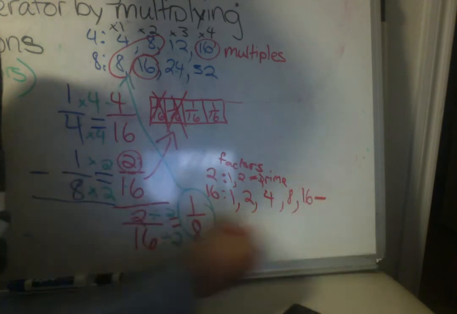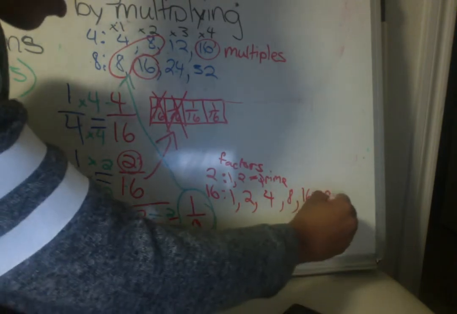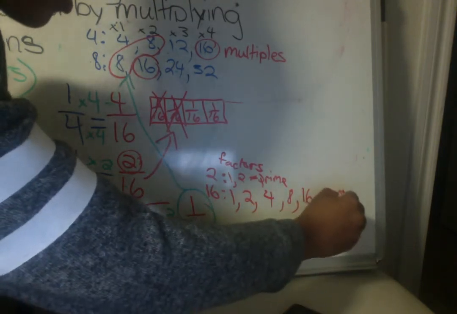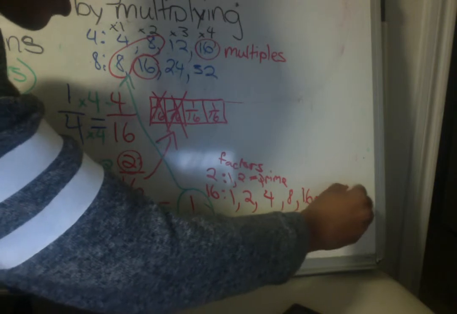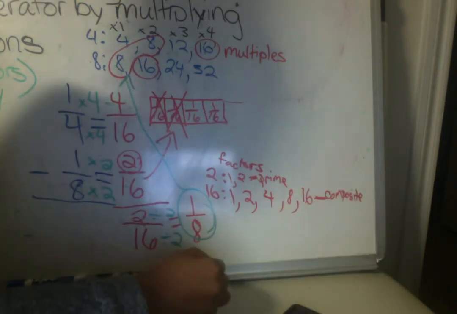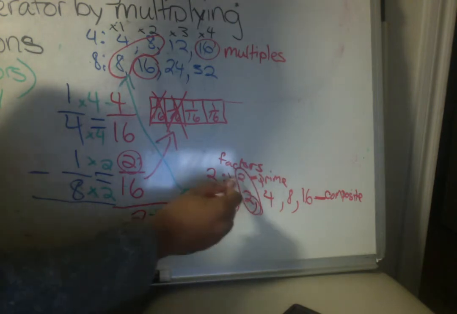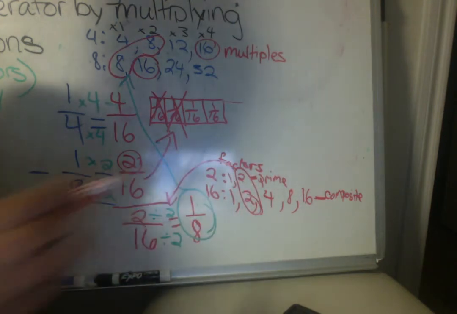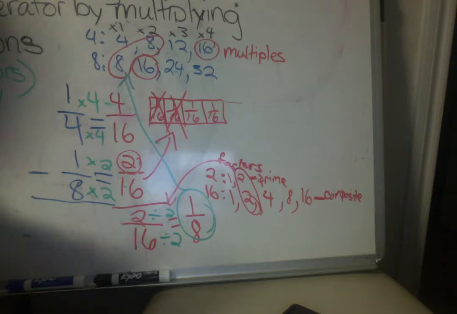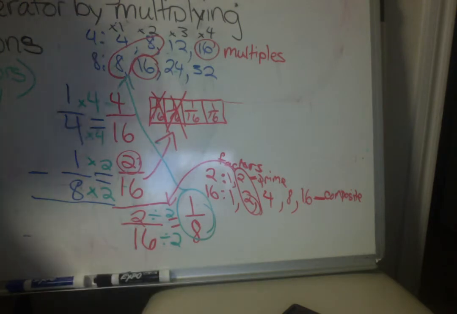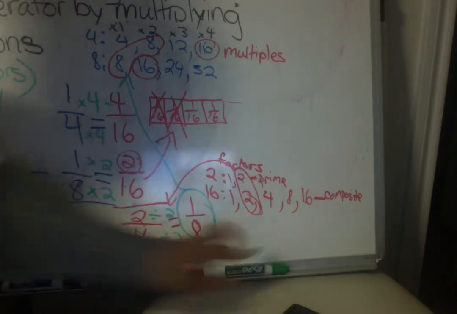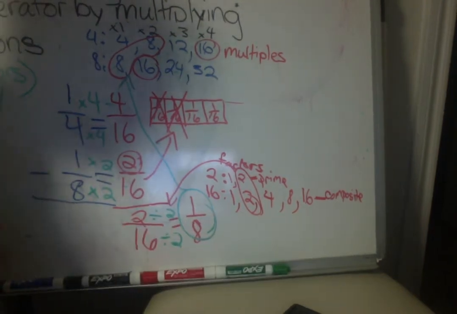This equals a composite number. Composite. And then you take what's in common, 2. So we divide it by 2. Alright, good job. Let's do another one.